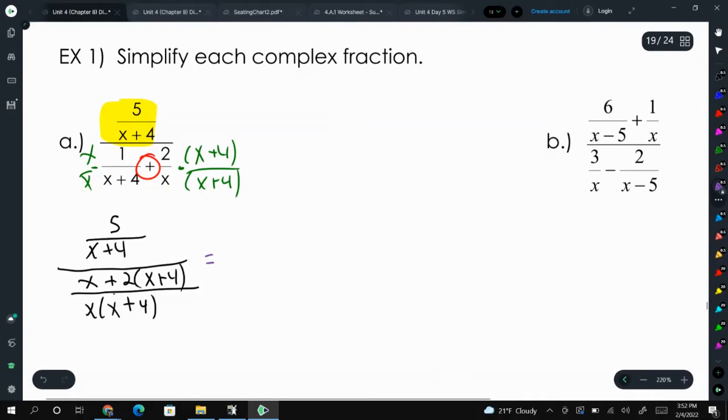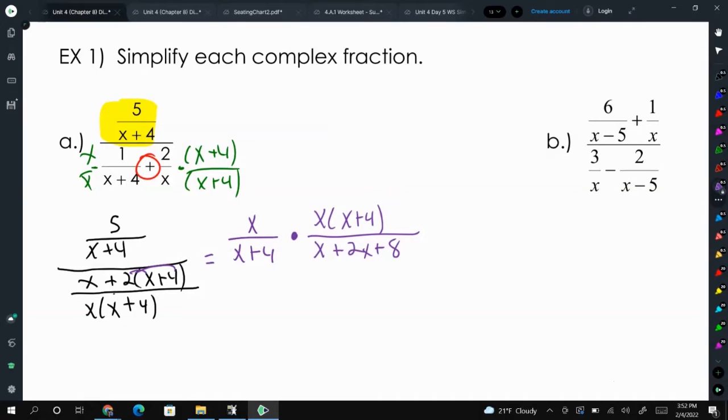So now what I'm going to do is x over x plus 4 multiplied by this thing flipped. So x times x plus 4 over x plus, and I'm going to distribute this as well, x plus 2x plus 8.